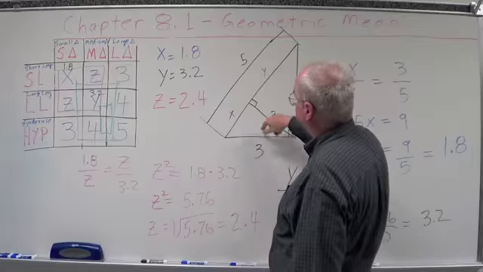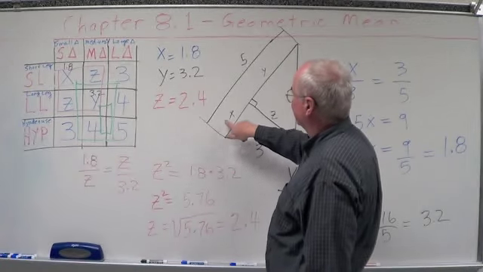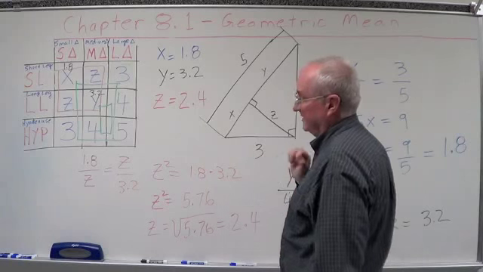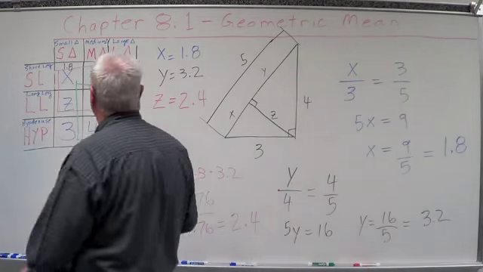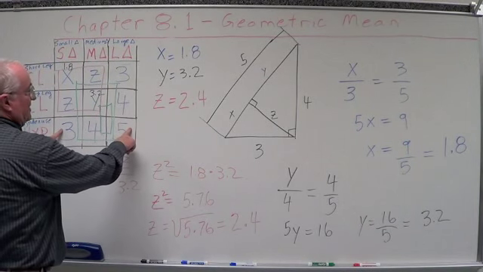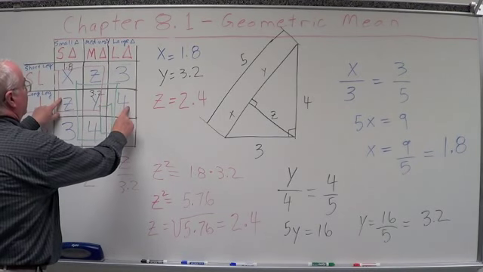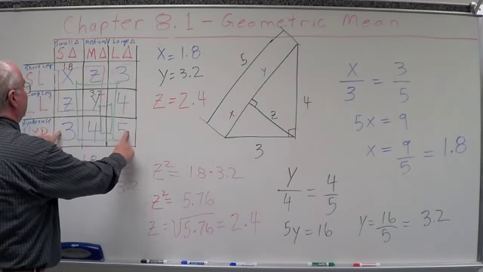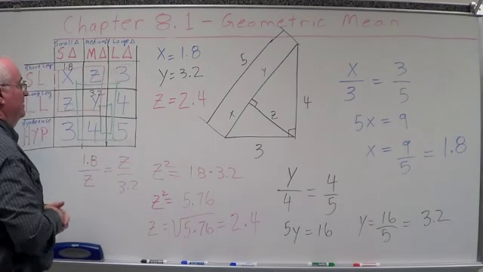Well, guess what? This shows us that. You got it? 5 is to 3 as what? Z is to 4. 5 is to 3 as X is to 3.